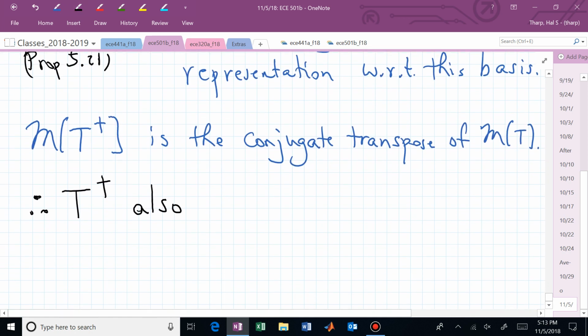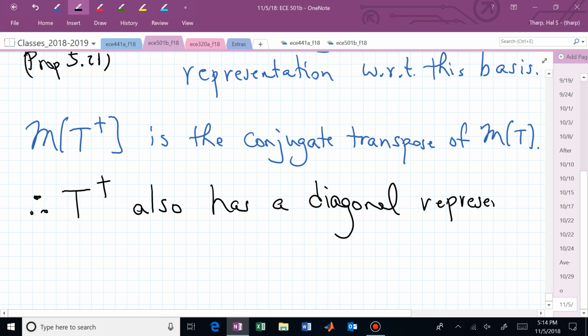What does T dagger have? If it's the conjugate transpose, what structure does the matrix representation of T dagger have if the matrix representation of T can be diagonal? It's also diagonal. So now, therefore, T dagger also has a diagonal representation with respect to this basis.